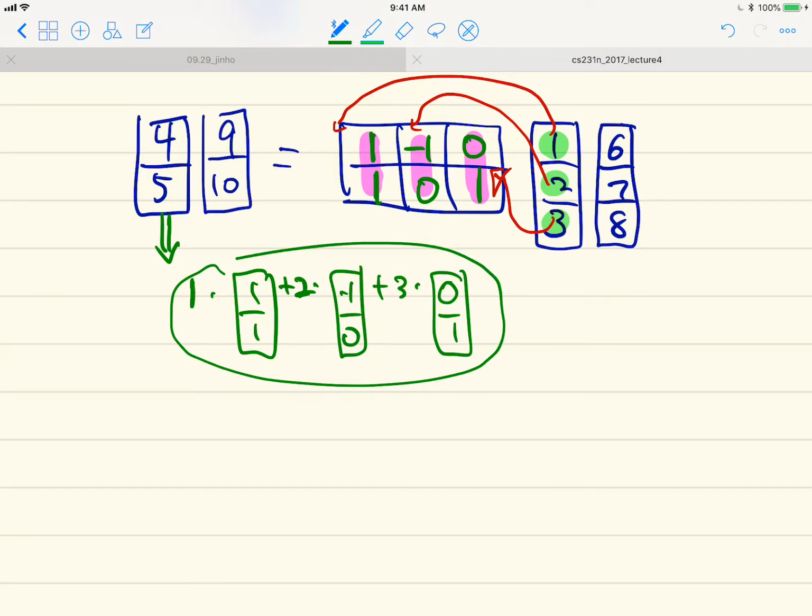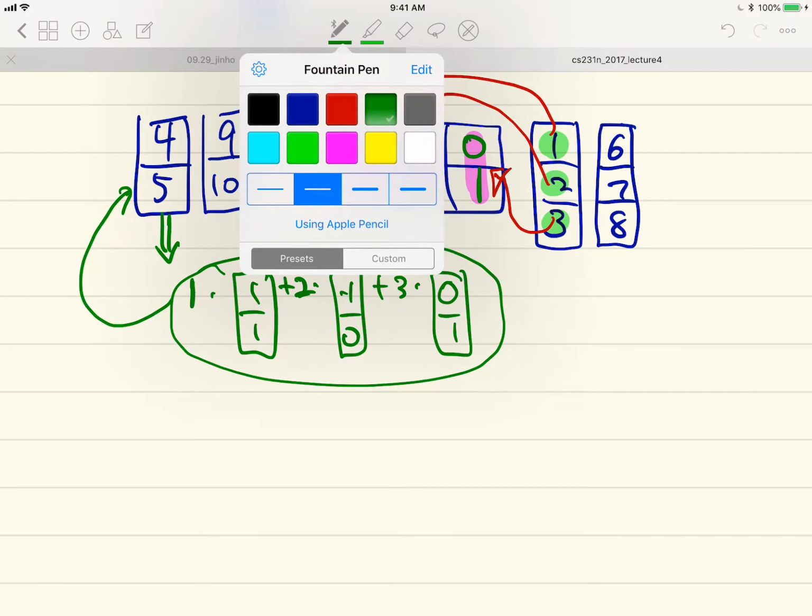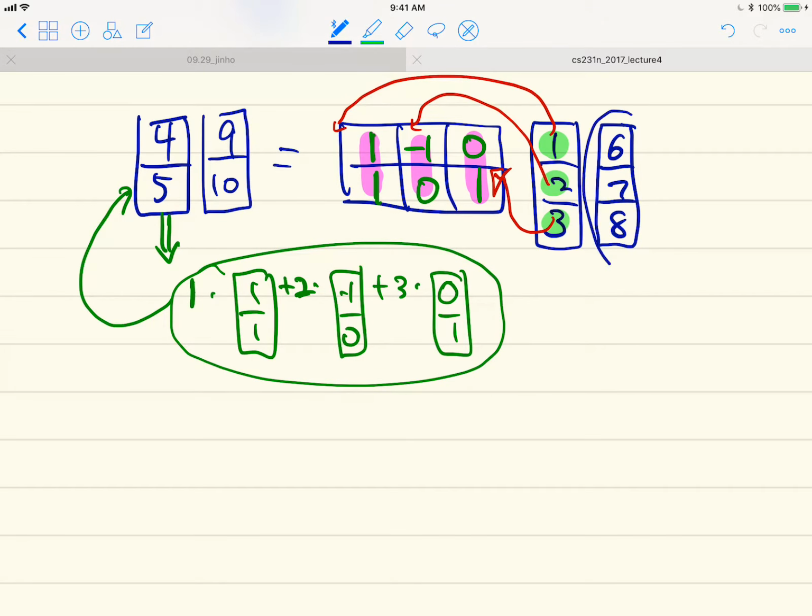So this column combination will form the first column of an output matrix, right? And then what about the second column on the right?